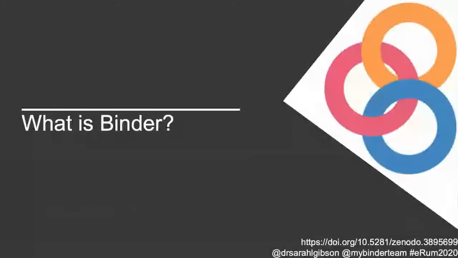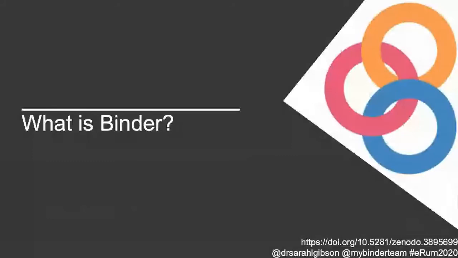So this is what it looks like from a researcher perspective. I'll just quickly talk through this comic. Here we have Jane. She's written a paper based on her experiments, and she would like anyone to be able to reproduce, check, or improve her calculations. So she describes her experiments in a Jupyter notebook, although it doesn't have to be a Jupyter notebook.